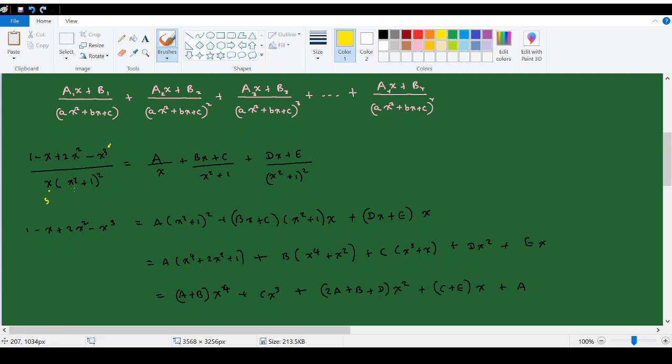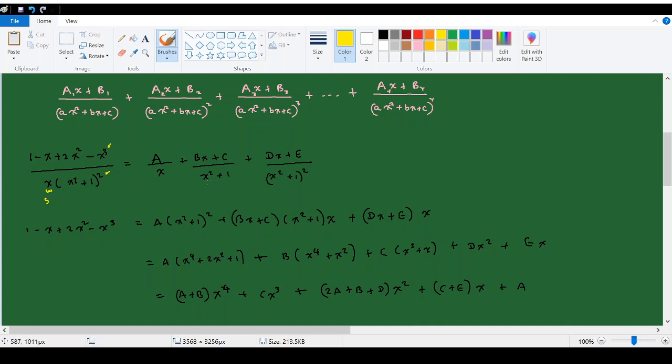And you can see this is a quadratic function which is irreducible by that b squared minus 4ac term. But the thing is, it is repeated, so this portion will fall under the fourth category, and this one will be just a non-repeated linear factor.